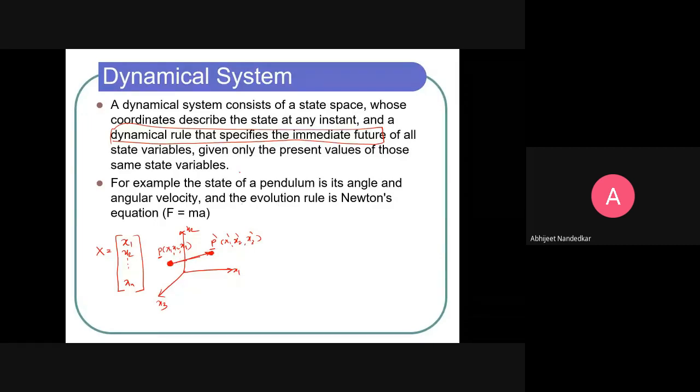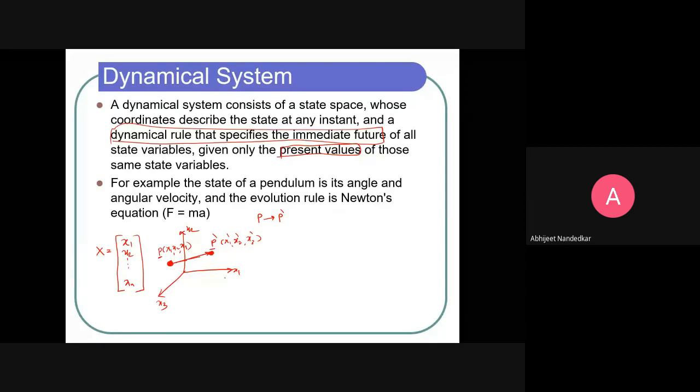I can predict that the system will move from P to P dash if I know the present values, x1, x2, x3. That is given to you. Then you can predict what will happen to these variables in the next immediate future, provided you have a dynamical rule.